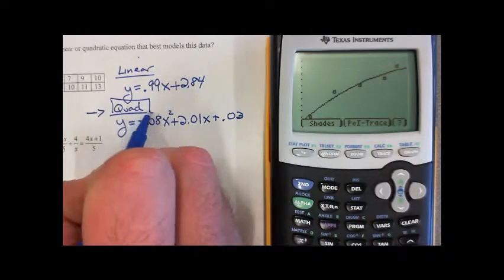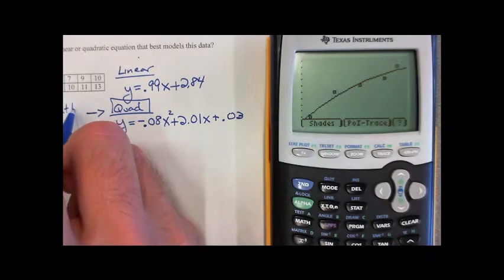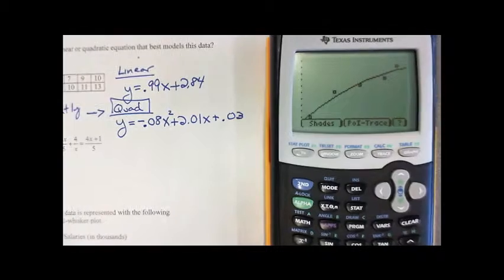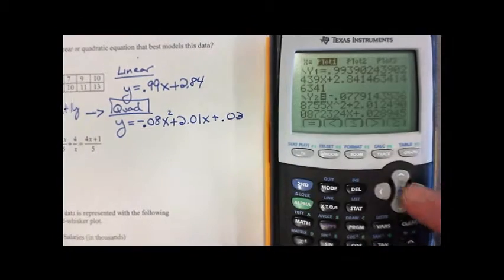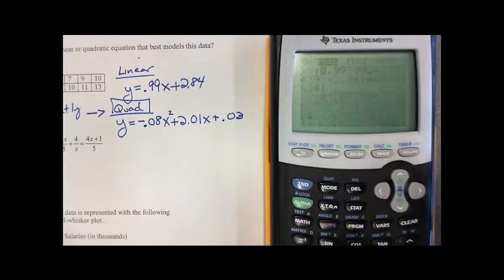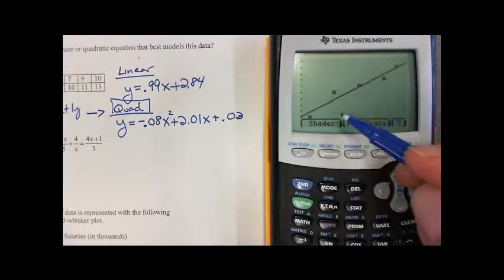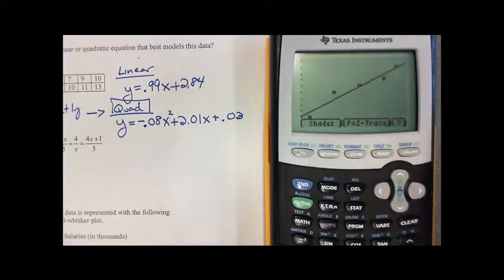So I would say quadratic's slightly better, because the points are a little bit closer than they were when they were linear. Recall, if we look at the linear model again and hit graph, these 3 points were a little bit further off. So quadratic's slightly better.